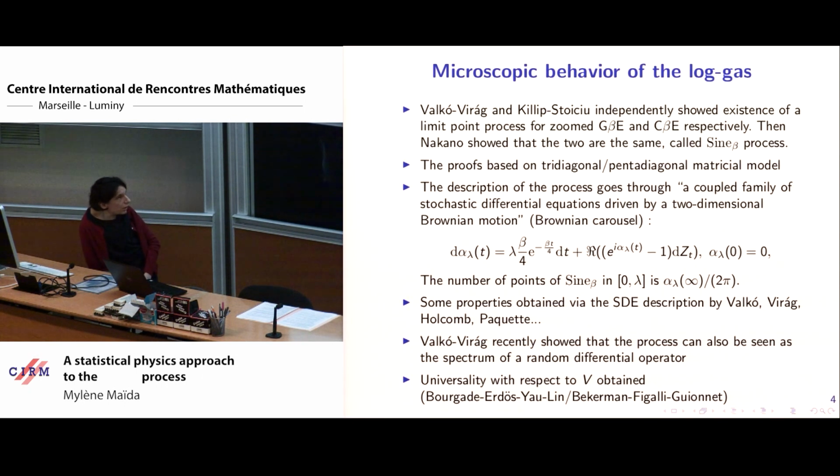And so the story goes as follows. About 3 years ago, Silvia Serfaty came to Lille to give a colloquium talk, and she was mentioning in particular work on large deviations for the empirical measure of the microscopic behavior, with Thomas, and she mentioned that one minimizer of the rate function was this sine beta process.